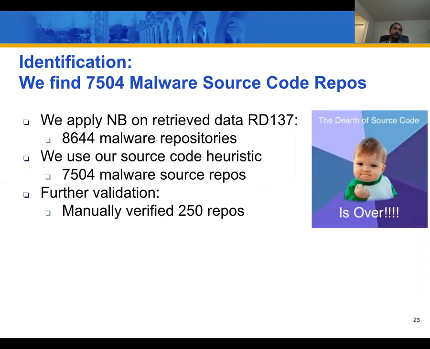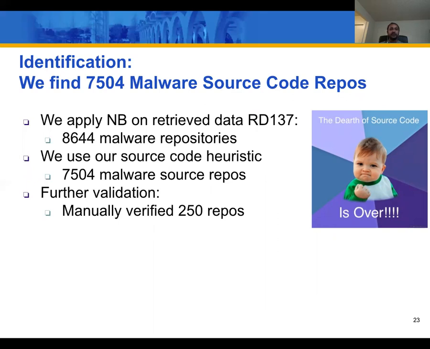Now we apply naive Bayes on the retrieved dataset, that is RD137. That means 97K repositories, and we have found 8.6K malware repositories, and the rest are benign repositories.